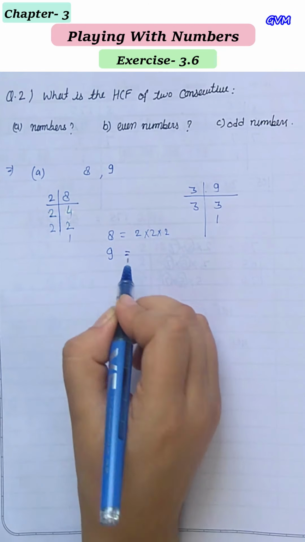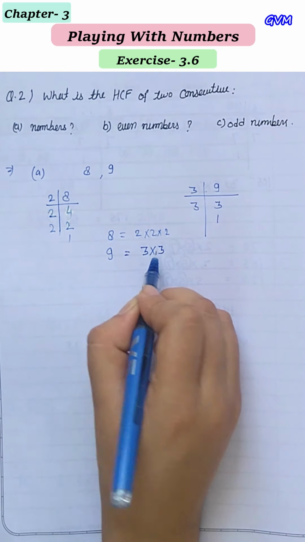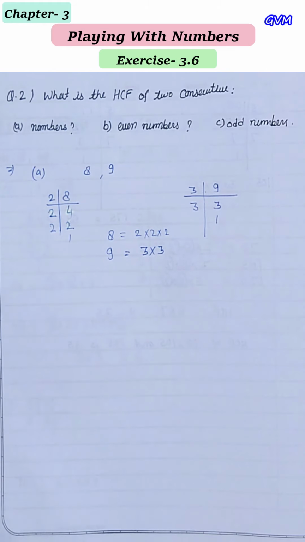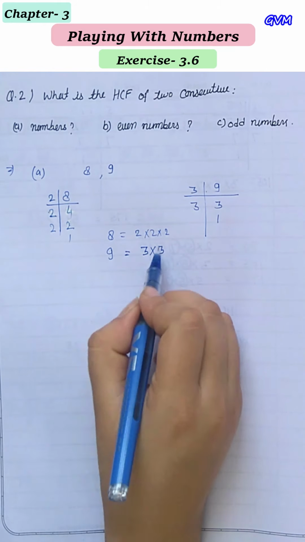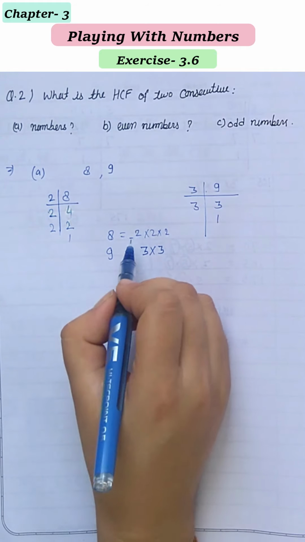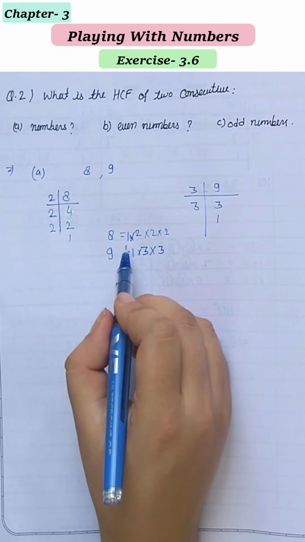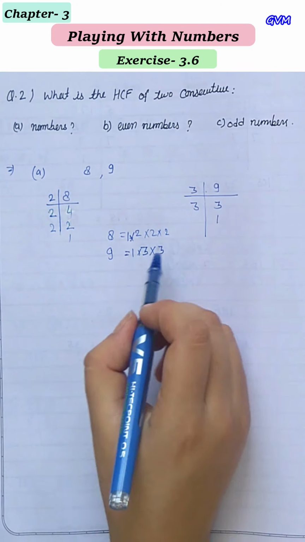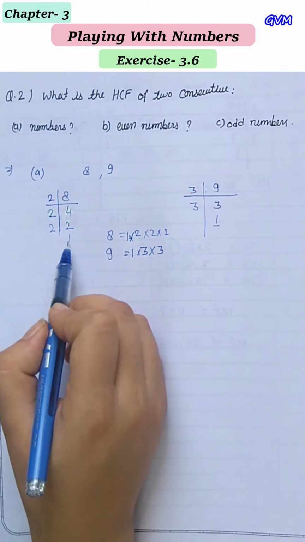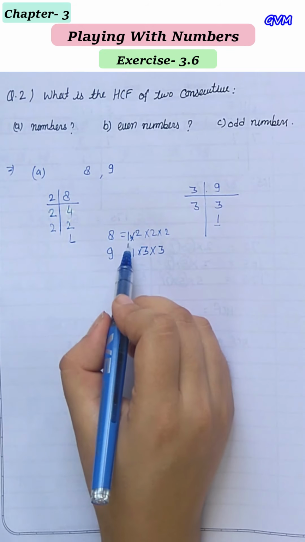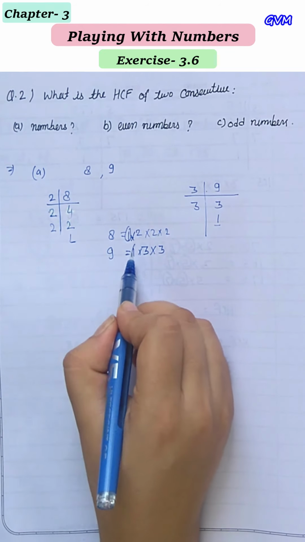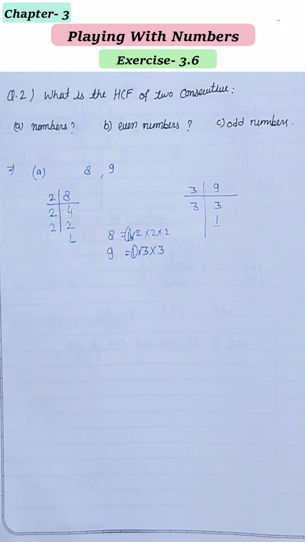So the factors of 9 are 3 into 3. Now we can see that there are no common factors, so we multiply by 1 and 1, because 1 is a factor of every number. That means 1 is the common factor in these consecutive numbers.